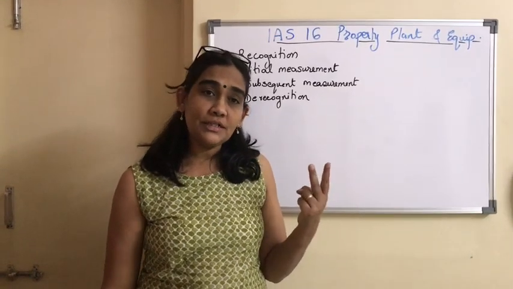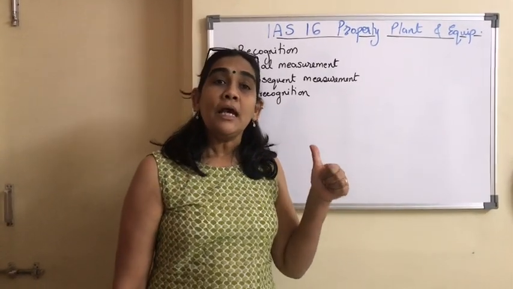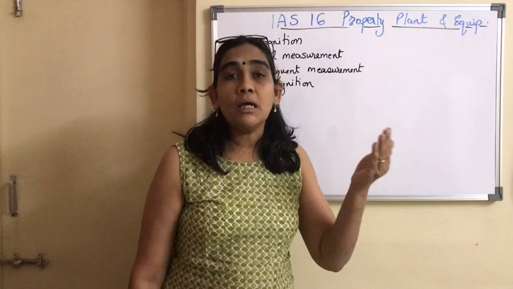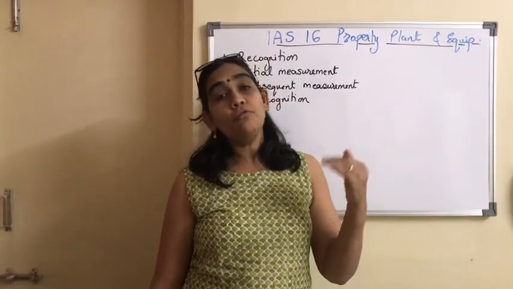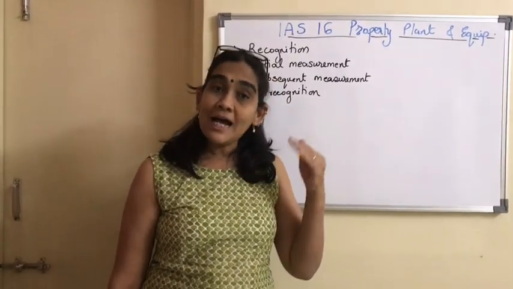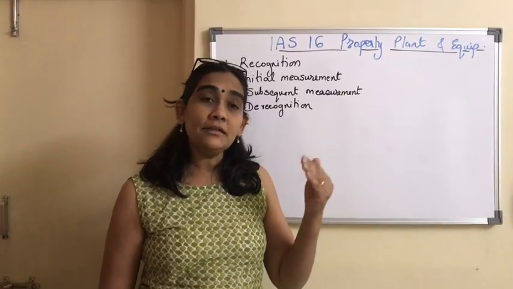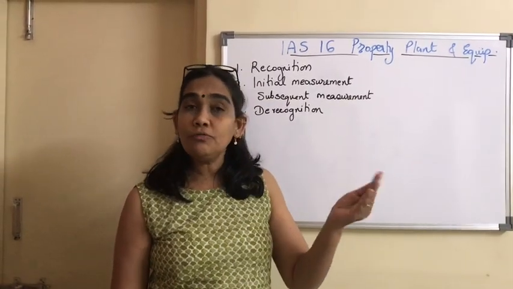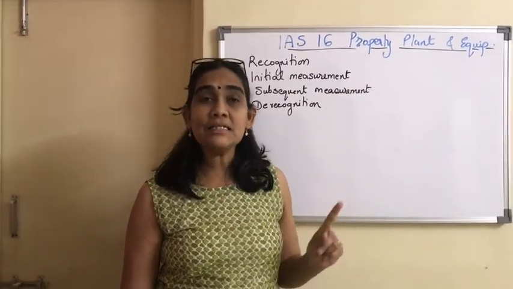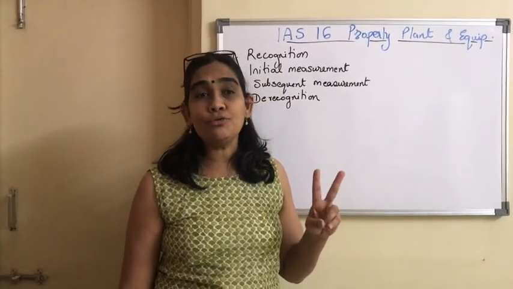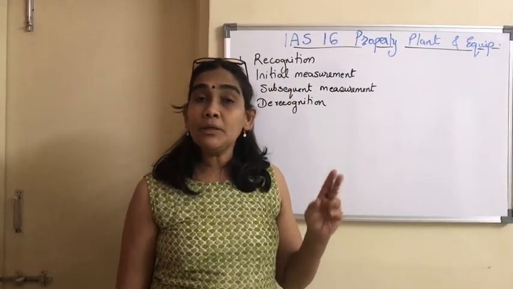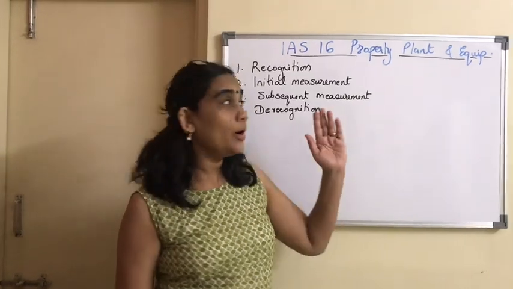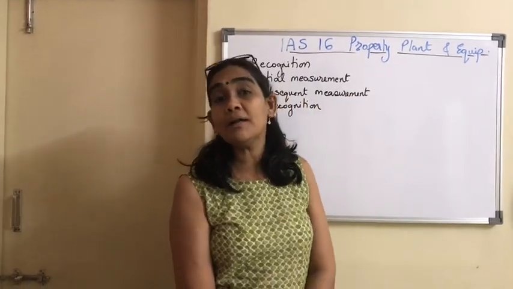What are those 2 conditions? One, that future economic benefits should flow into the entity. There is a high probability that the future economic benefits will flow into the entity. That is condition 1. Condition 2 is that you should be able to measure the cost of property, plant and equipment reliably.